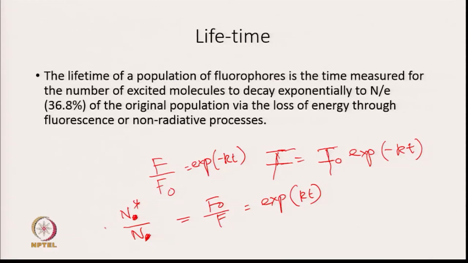So, this n star by n will be equal to exponential kt. So, what I am saying is that the lifetime of a population of fluorophores is the time measured for the number of excited molecules to decay exponentially to n by e of the original population. So, basically you can think of n star divided by e.